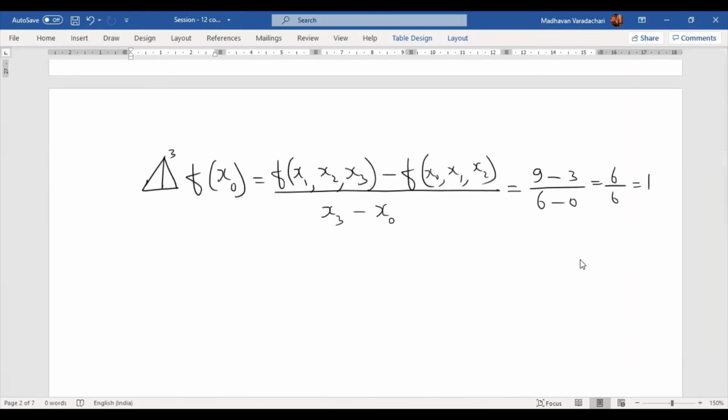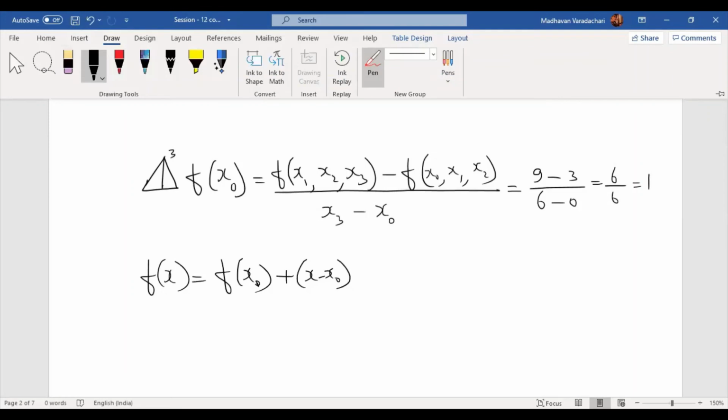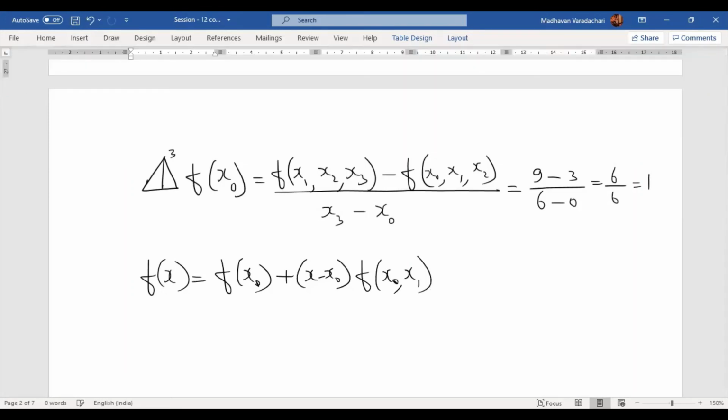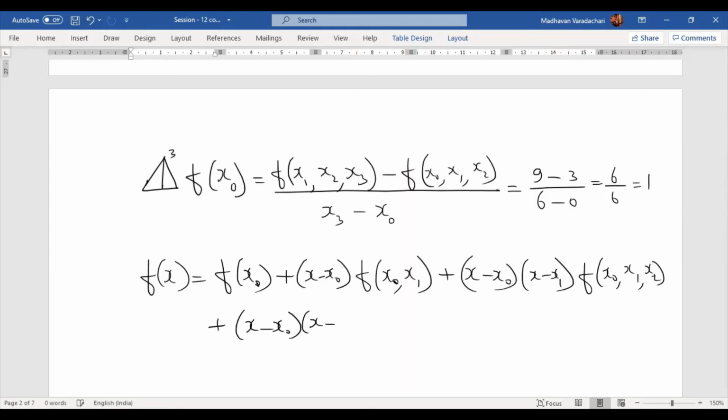Now we can use the formula: f of x equals f of x naught plus x minus x naught times f of x naught, x1, plus x minus x naught times x minus x1 times f of x naught, x1, x2, plus x minus x naught times x minus x1 times x minus x2 times f of x naught, x1, x2, x3.